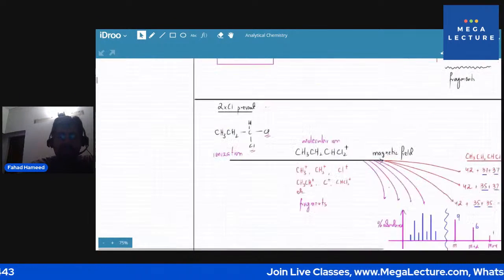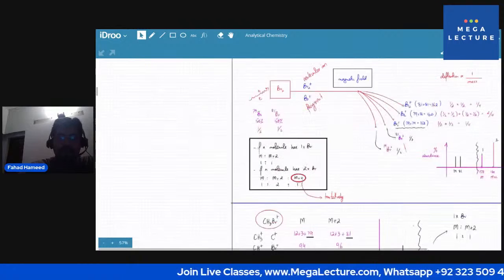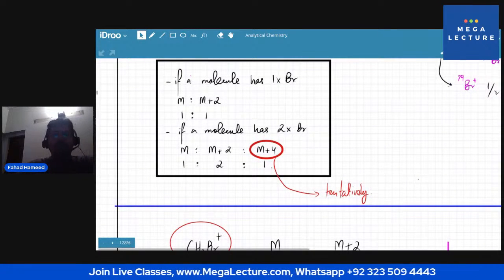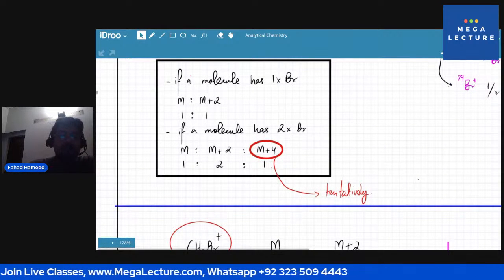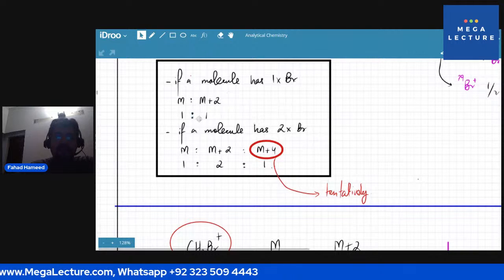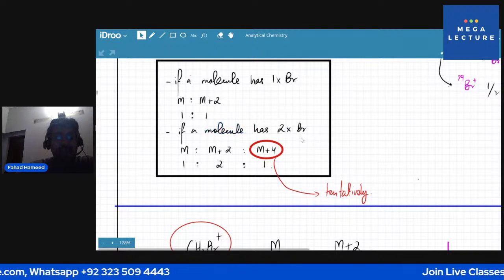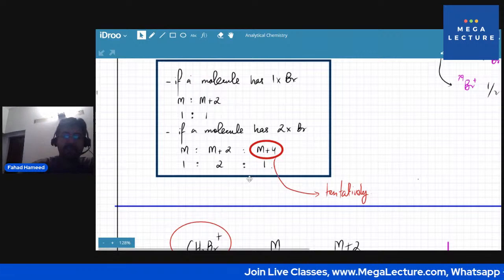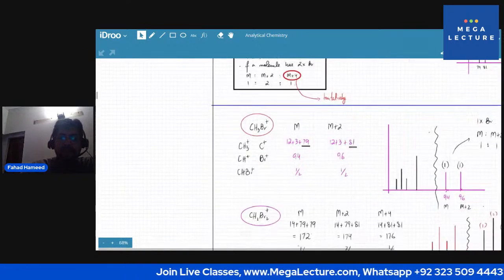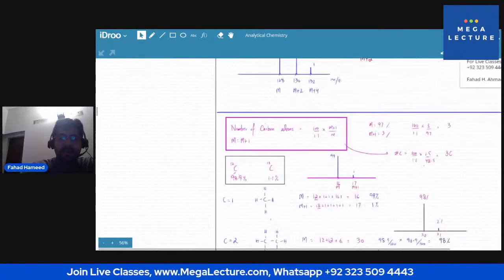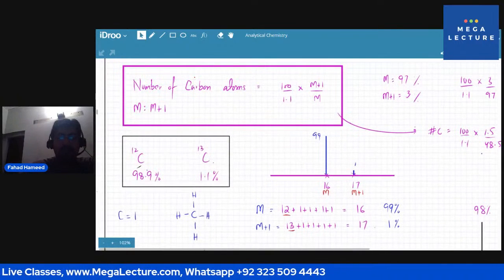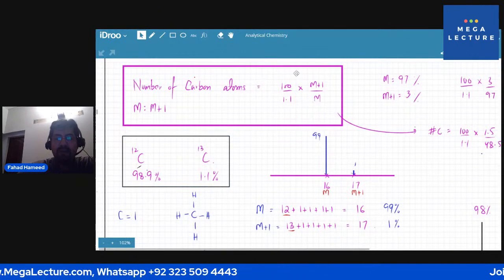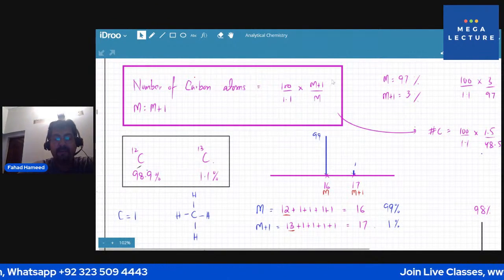You have to remember for bromine, one molecule of bromine, that's one atom of bromine in the molecule, that's M, M plus 2, 1:1. If you've got two bromines, that's going to be M, M plus 2, M plus 4, and the ratio is going to be 1:2:1. The next part is the number of carbon atoms: M plus 1 ratio, 100/1.1. That gives you the number of carbon atoms.